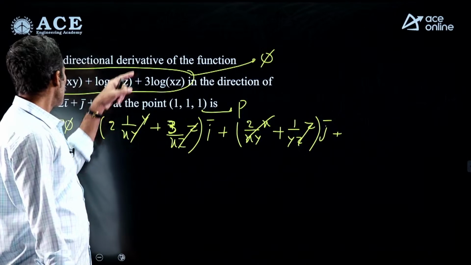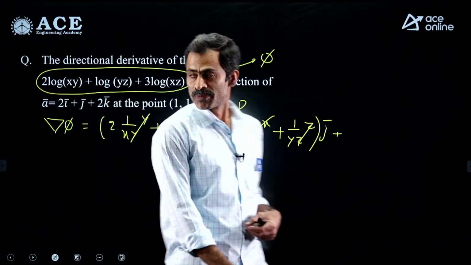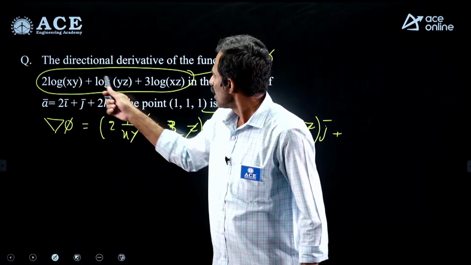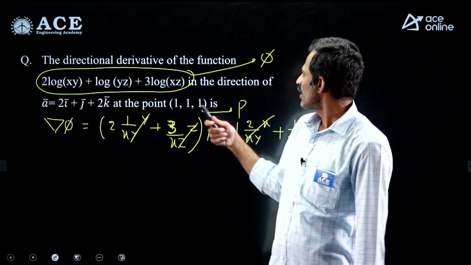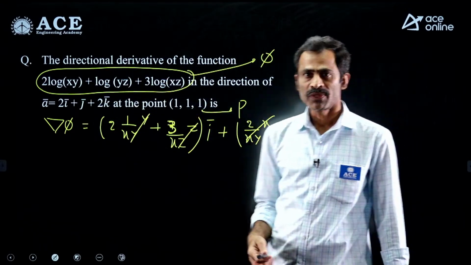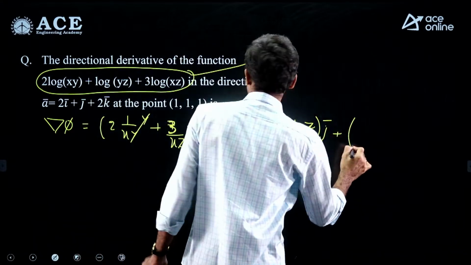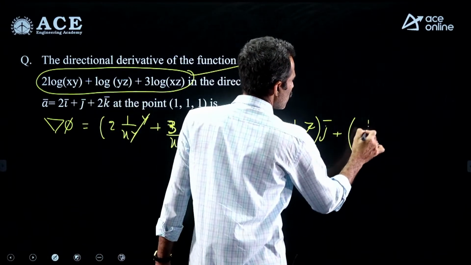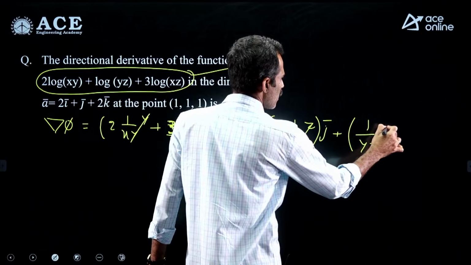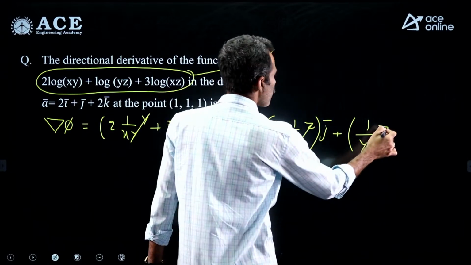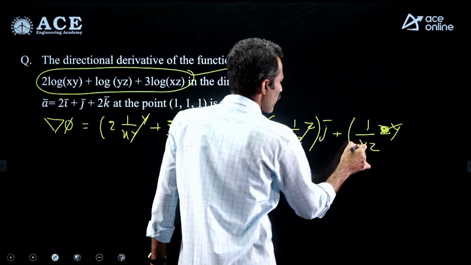Plus again, k bar into dou phi by dou z, with respect to z. This is free from z. These two contain the variable z. So we have to differentiate these two partially with respect to z. Log y, that is 1 by yz, and again with respect to z, y gets cancelled.